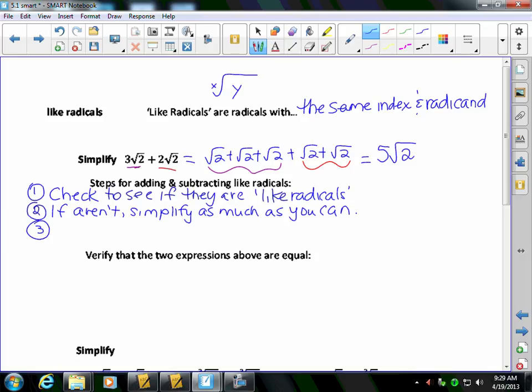So if they are the same, then you add or subtract the coefficients depending on what was in the question. And you don't do anything with the radicals. If they can't be simplified, or if they're in simplest form already, then you just leave the radicals alone.